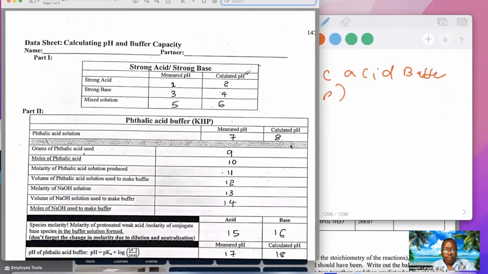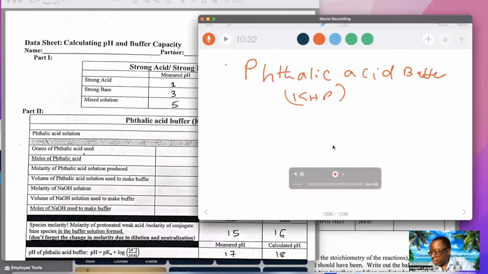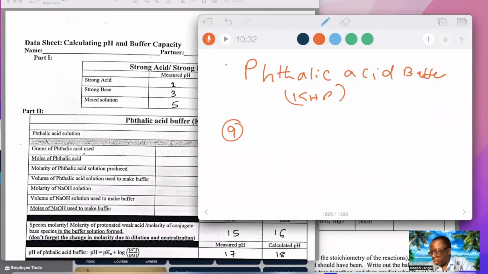Now, before we do the calculation for number 8, I will just go to 9. For 9, you have to read the manual and see how much you have in there, all right?